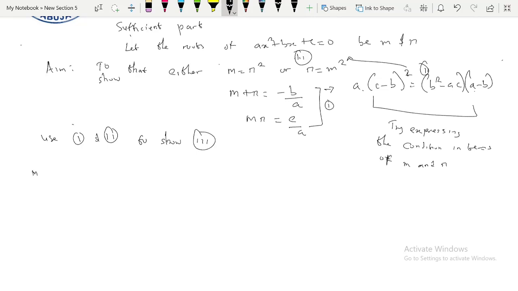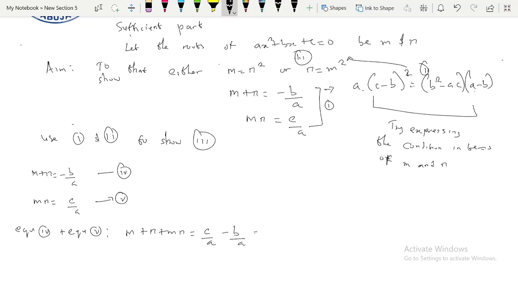You know that m plus n is minus b over a. Let's call this 4. We know mn is c over a. Let's call this 5. Then if I add 4 and 5, I'll have that m plus n plus mn is c over a minus b over a, which is c minus b over a.